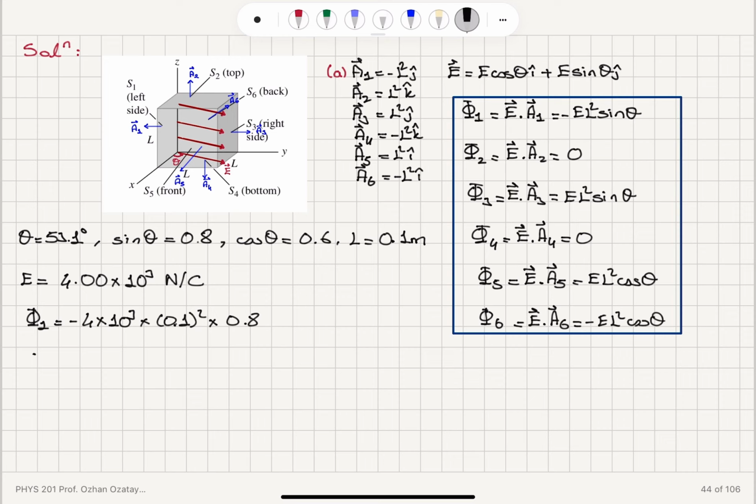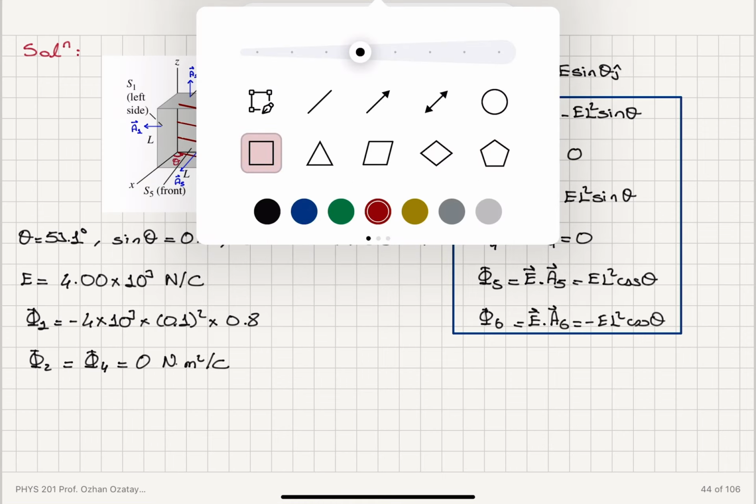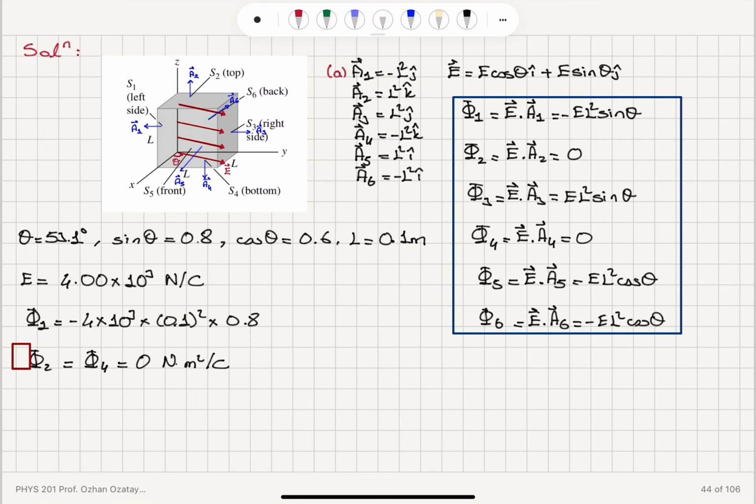For the second one, phi 2 equals phi 4, I have 0 newton meter squared per coulomb. So that's the answer for the second and the fourth faces.